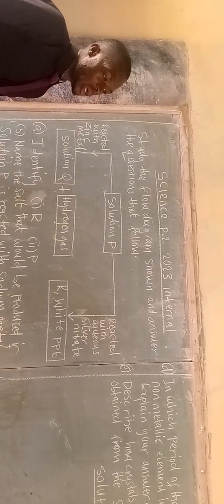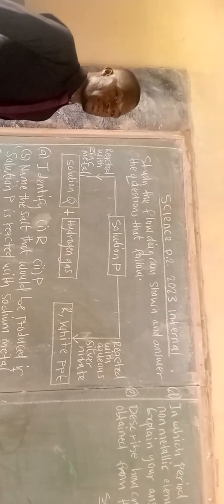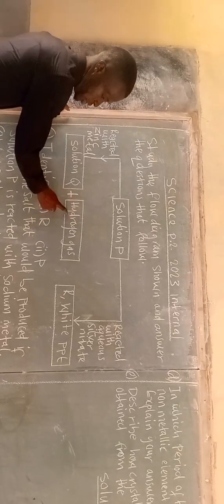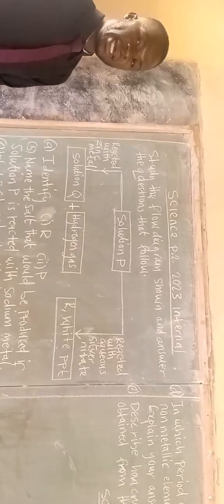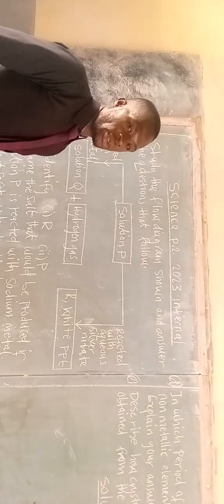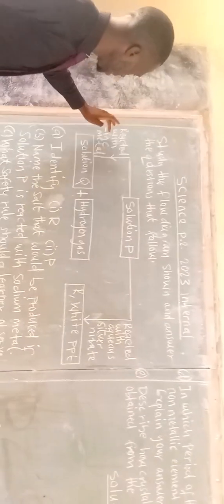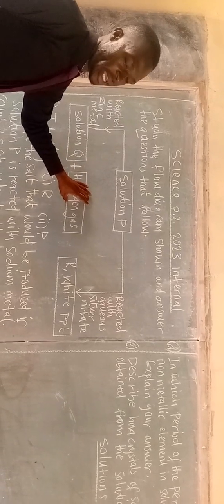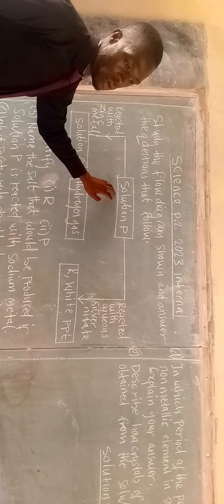There are just two substances which can react with a metal like zinc to produce hydrogen gas, and these two substances are water and the acid. So here we have a hint. It means this solution P is either water or it is an acid.